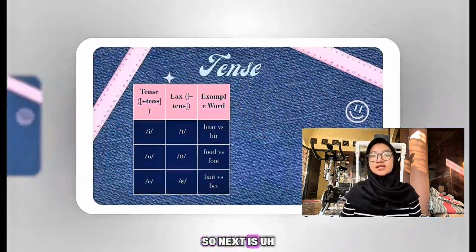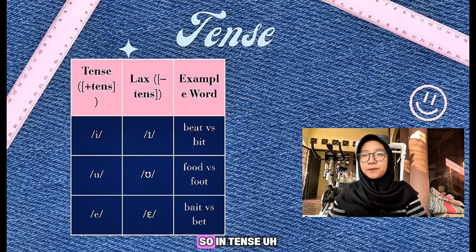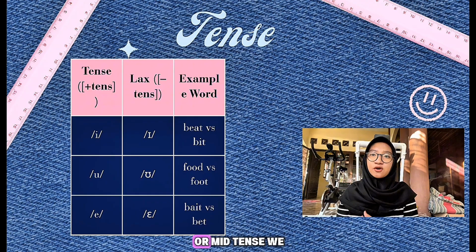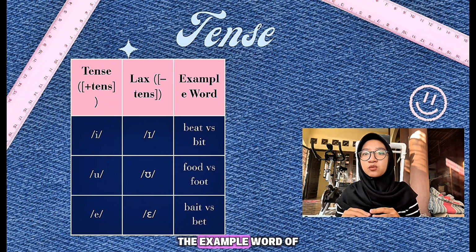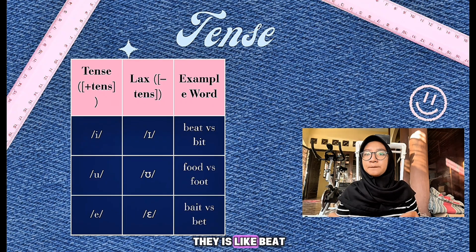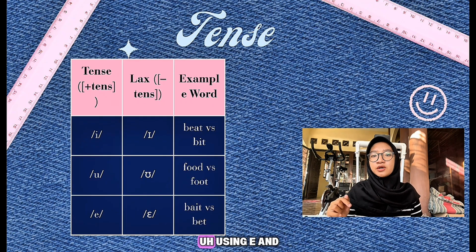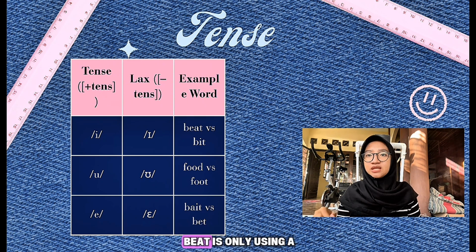So next are the examples in English. In tense we can say e, and in lax or minus tense we can say ih. The example words are beat and bit. Beat uses e and bit uses ih.